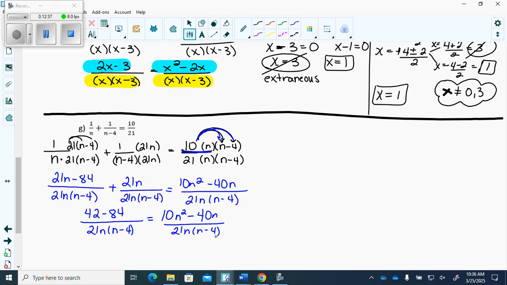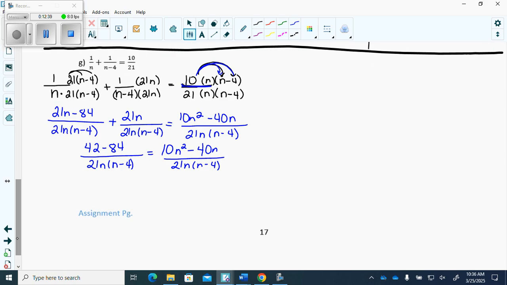So my non-permissible values are 0 and 4. So then, once I have them written, I can say this equals this.